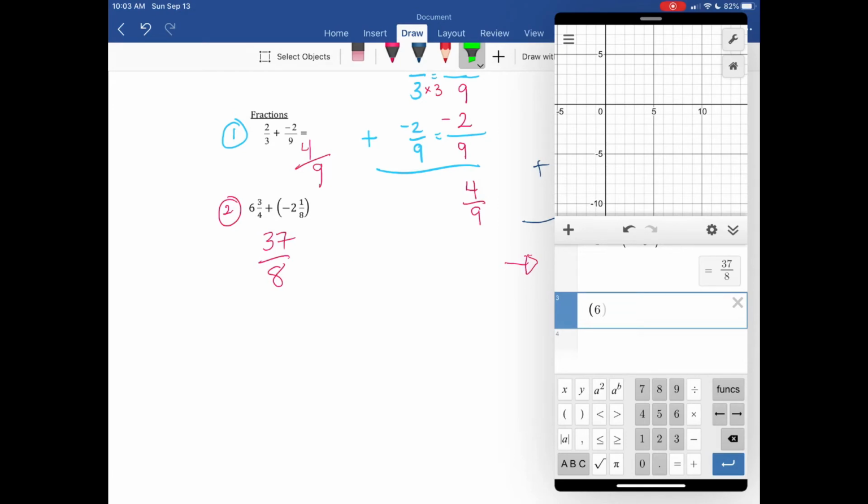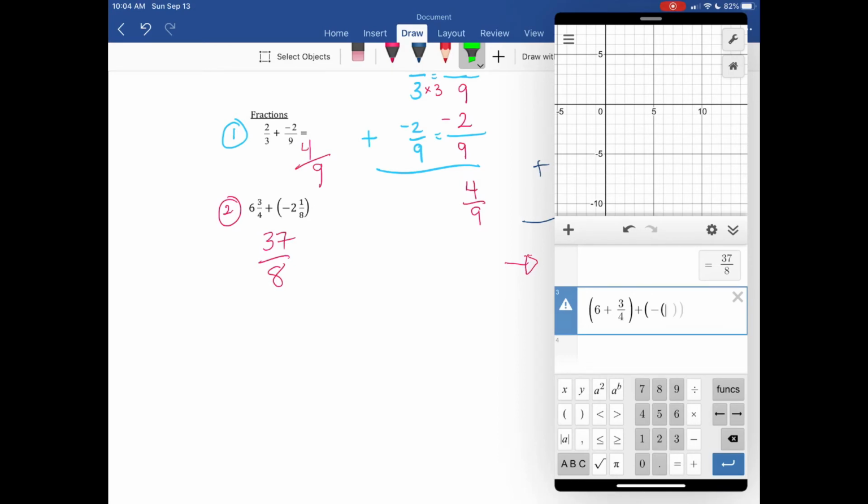When we say 6 3/4, in math language that means plus. 6 plus 3/4, plus, now here I'm going to do open parentheses, negative, and then I'm going to do another set of parentheses because I want that whole mixed number in that parentheses to be negative.